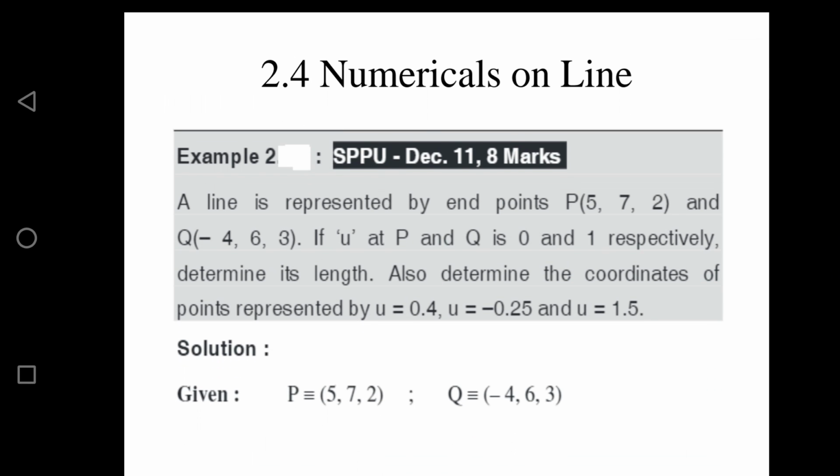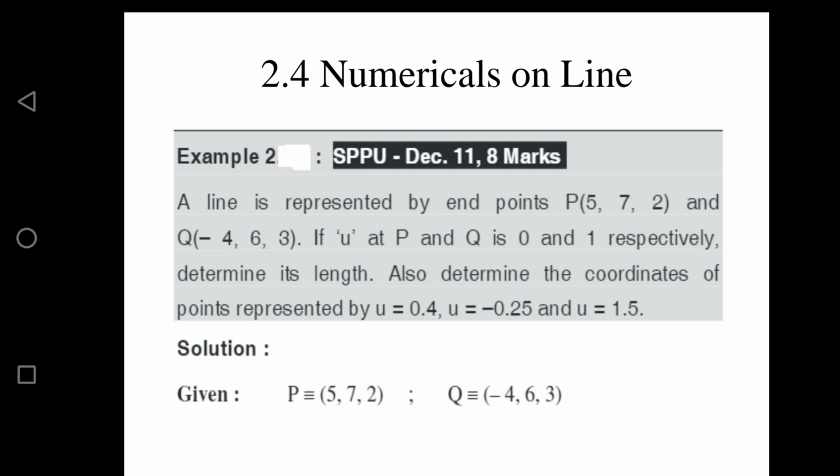Example 1: a line is represented by endpoints P (5, 7, 2) and Q (-4, 6, 3). So we have a line which has endpoints P and Q, where P is 5, 7, 2 and Q is -4, 6, 3.